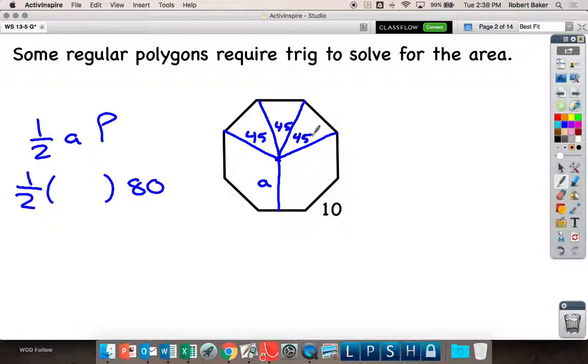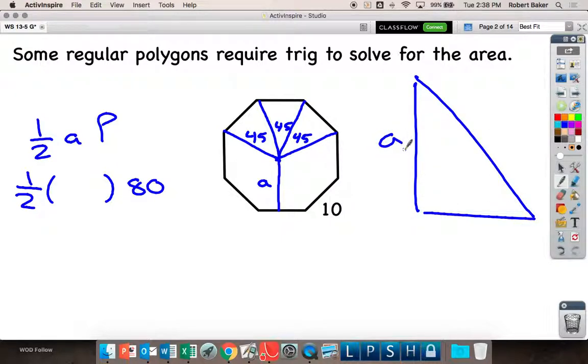Now, there is a very special property. What does an apothem do to a central angle? It cuts it in half. So how big is this one angle right here if I cut 45 degrees in half? 22.5.